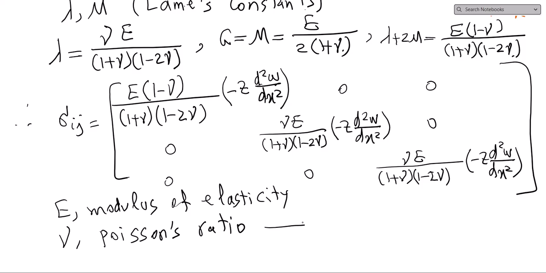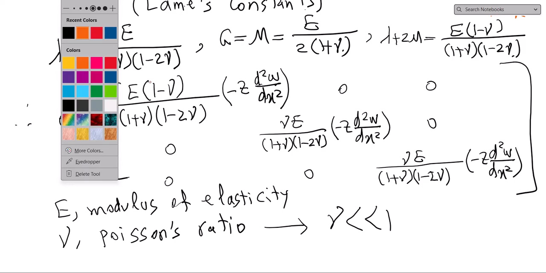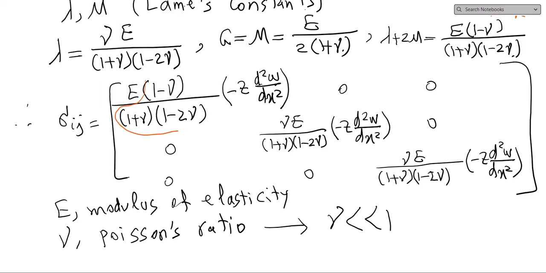Usually, this could be considered very small. It is usually 0.5 to 1 maximum. So if I consider the Poisson effect to be 0 here, then if the Poisson effect is neglected, this term becomes 1, right? So mu is 0, this is 1, and this term is 0.